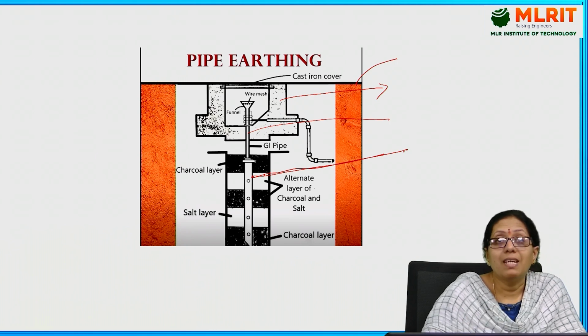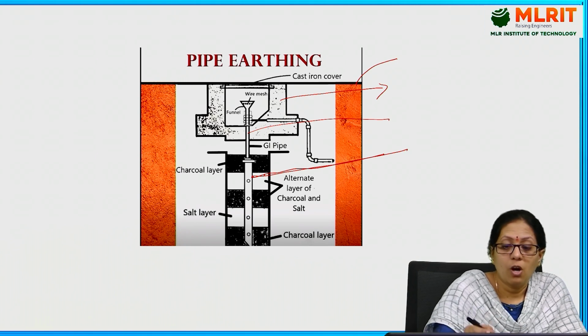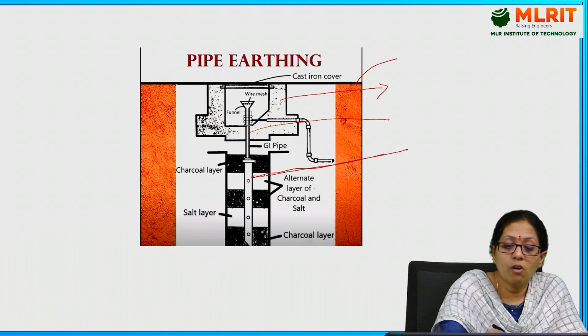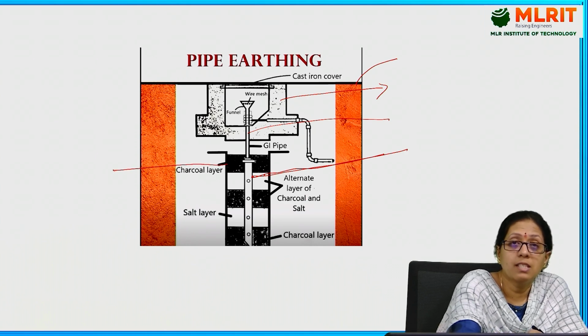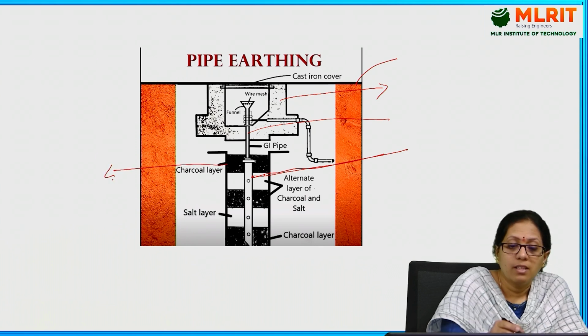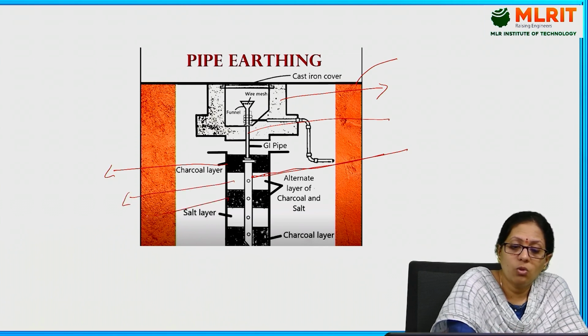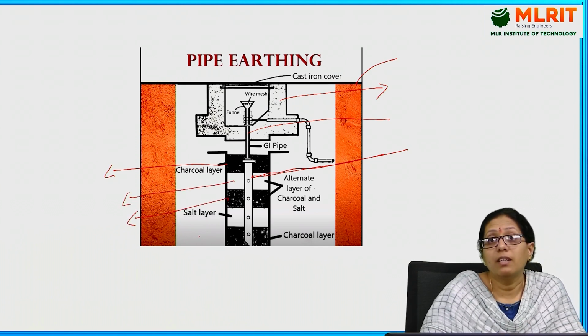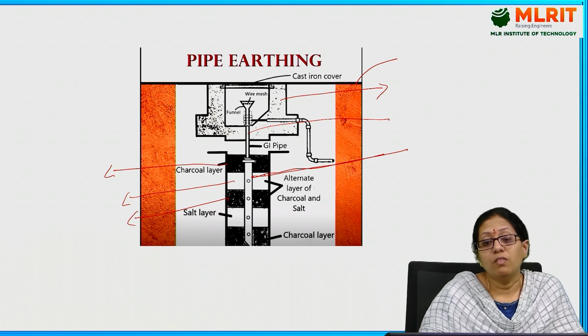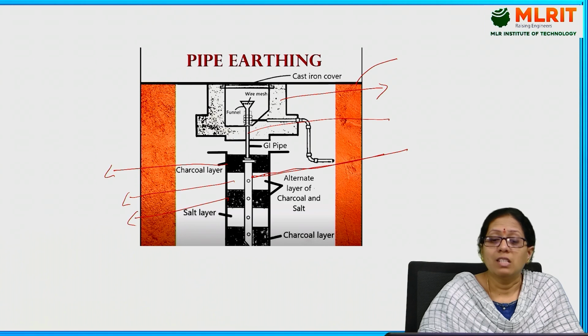This pipe is surrounded by alternate layers: the first layer is a charcoal layer, the next layer is a salt layer, again a charcoal layer and a salt layer. That is, we alternately fill the layers of salt as well as charcoal.